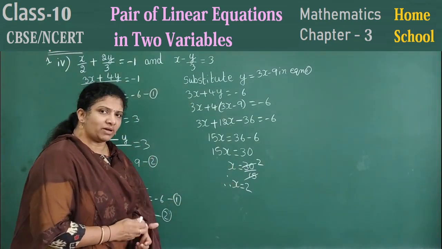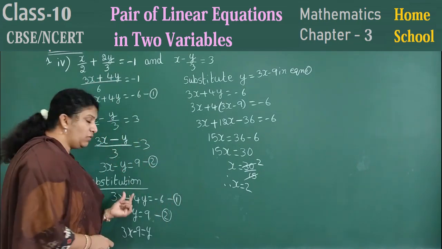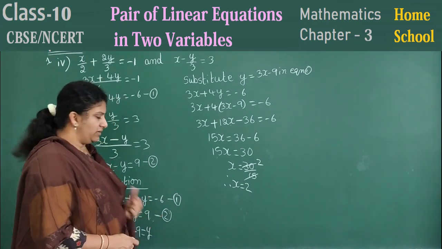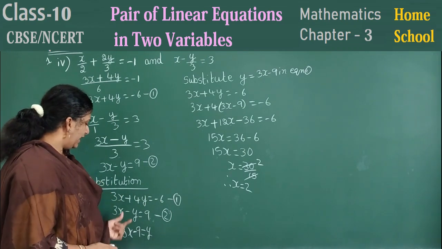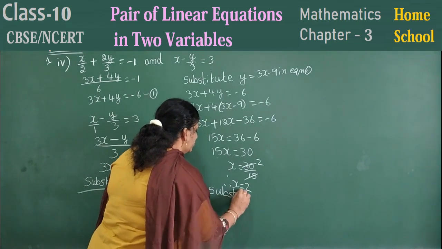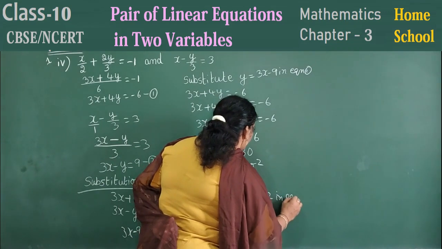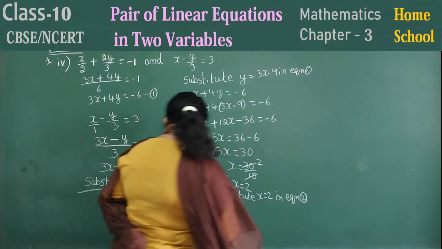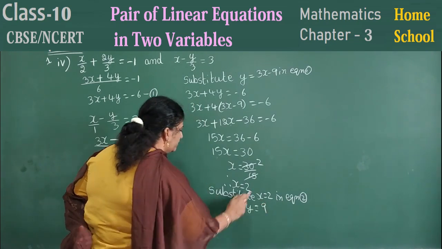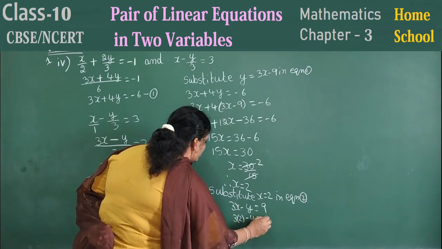Right? Is the problem completed? No. Yes, you have the x value. You need to substitute it in any one of the equations and find the other variable, that is y. So which equation will we substitute in? Let us substitute x = 2 in equation 2, that is 3x - y = 9. In place of x, please substitute 2. 3 into 2 minus y is equal to 9.